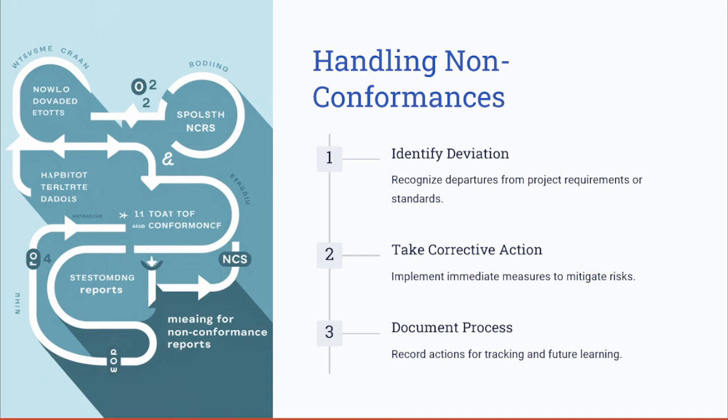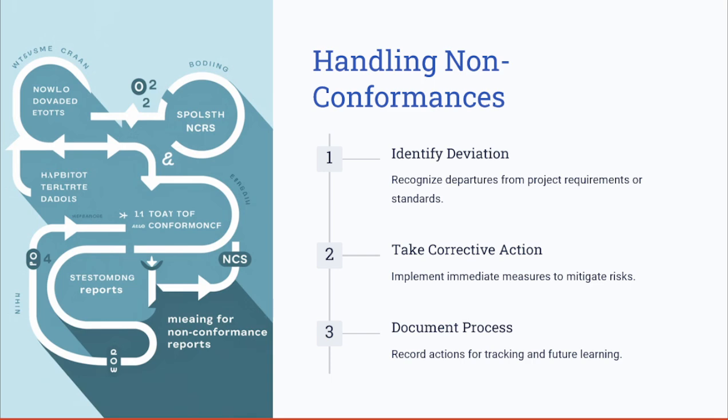Also, handling non-conformances. Handling non-conformances involves identifying the deviations, documenting them, and taking corrective actions to align with the project requirements. Non-conformances refer to deviations from the project quality requirements or quality standards.